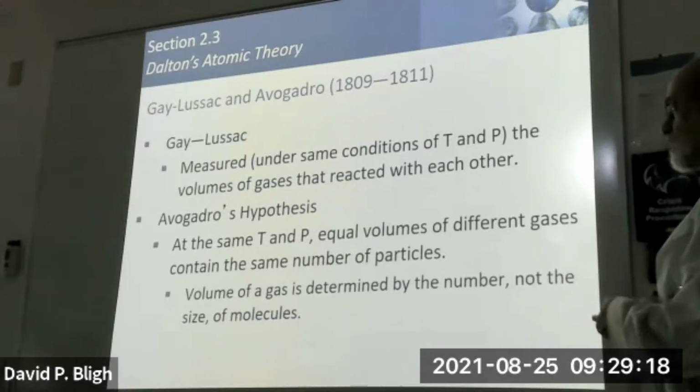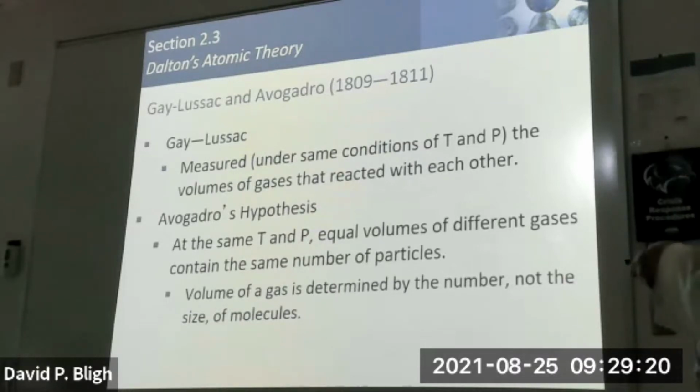But Gay-Lussac did work. He researched reactions between gases. And he measured the volumes of gases before and after reactions. And in order to do that, he sort of intuitively knew that you need to hold the temperature and pressure constant.